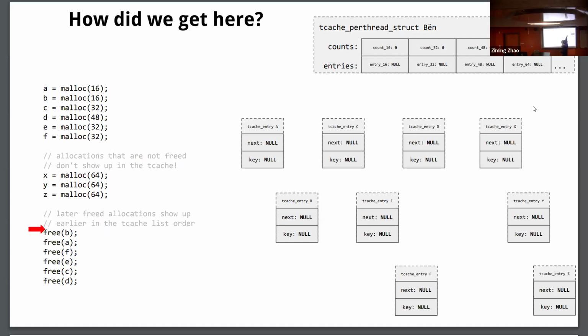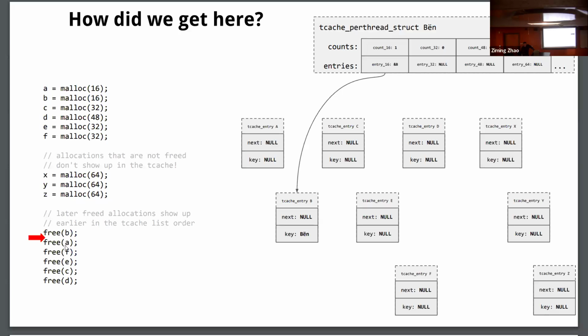So no one is really linked there. Now we're going to free B, and B is going to the bin for 16 bytes of memory chunks, which means this head will point to B's memory chunk, and B's next will not point anywhere, as it is the last one.